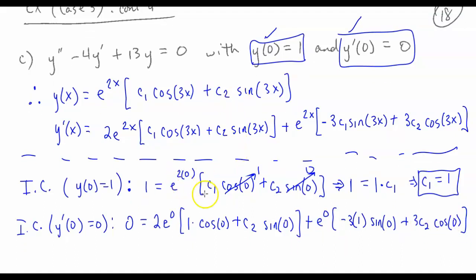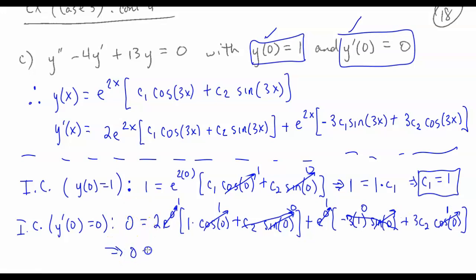All right, so cosine of 0 is 1. e raised to the 0 is 1. Sine of 0 is 0. So that means all this is 0. e raised to the 0 is 1. Sine of 0 is 0. So that means all of this is 0. Cosine of 0 is 1.